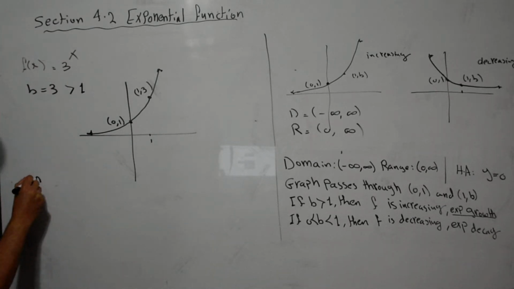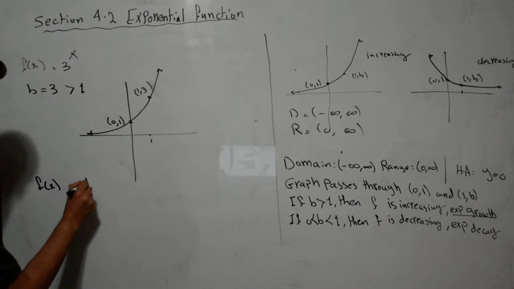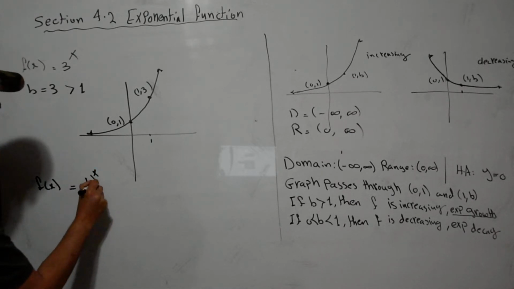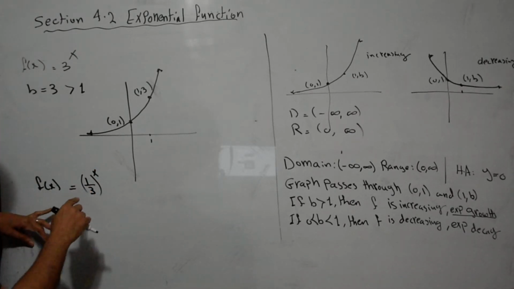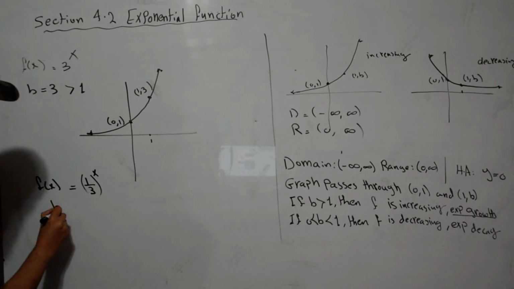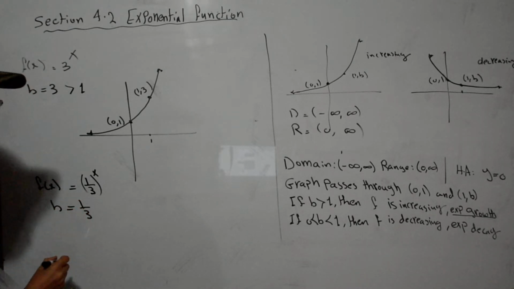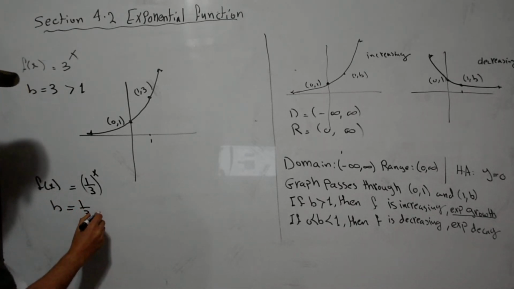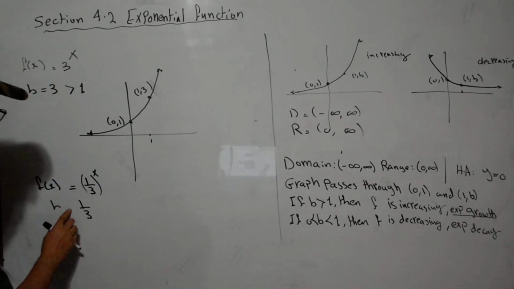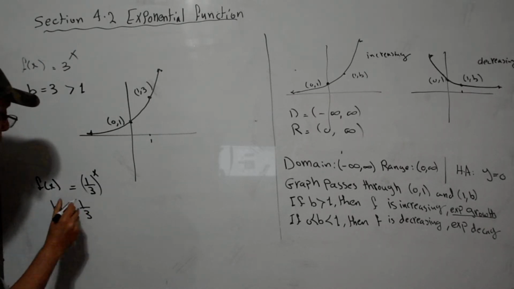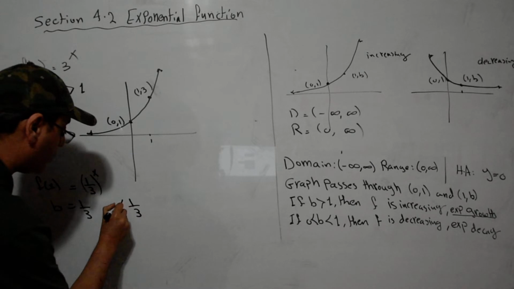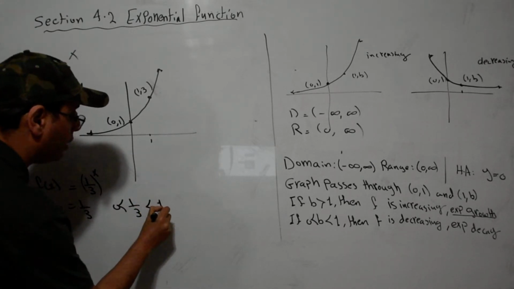I have f of x equals (1/3) to the x. So now b equals 1/3, where 1/3 is greater than 0 and less than 1.